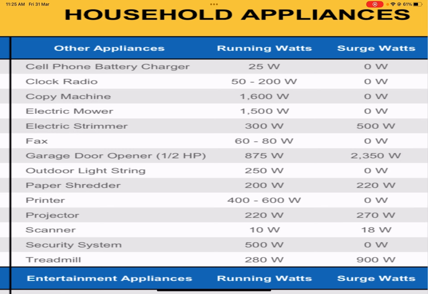So when you start the treadmill, the consumption will be 900 watt, and as you run on the treadmill, the consumption would be 280 watts, right? If there is a security system at home, typically it might consume 500 watt. One might have an office, and the office might have a scanner, a projector, a printer, right? These are appliances you see in an office, so that wattage is also given. A copying machine, Xerox machine, or copy machine would have a 1600 wattage.